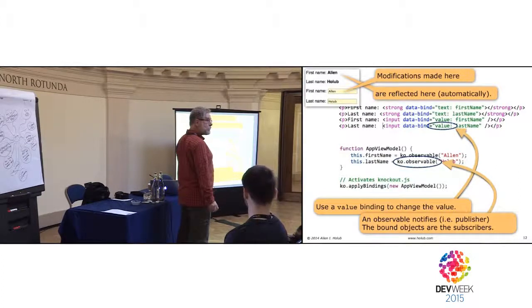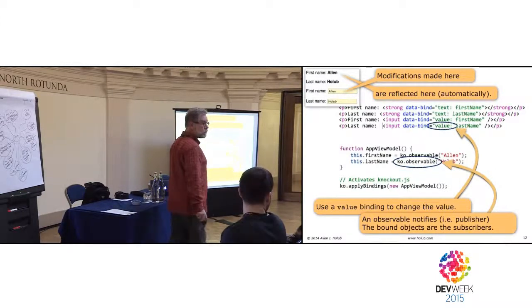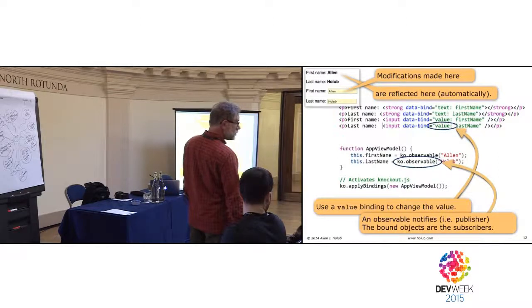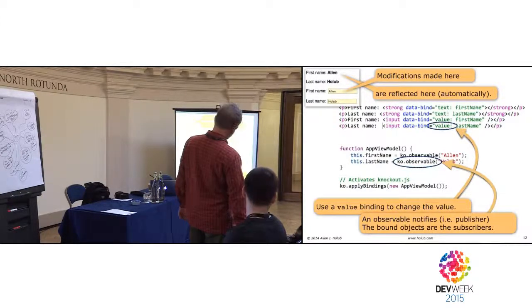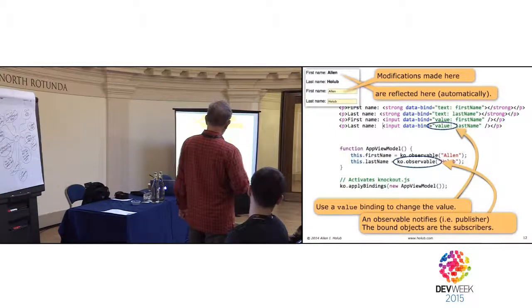In this example, if we modify the model on the client side, like through JavaScript, would it affect the UI? Yeah. If you grab hold of it and set the first name using JavaScript, it'll update.